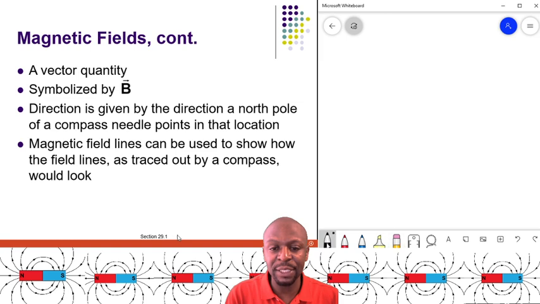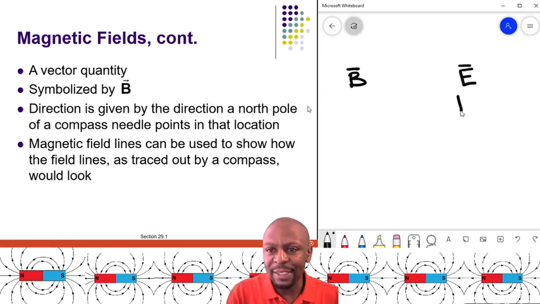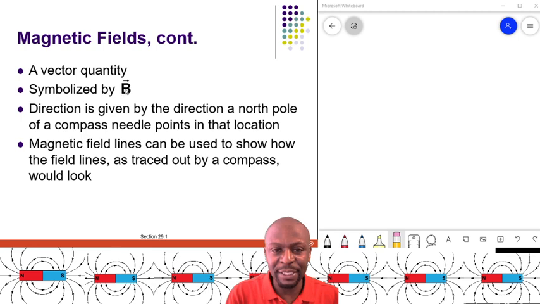Therefore, the electric force was denoted by F subscript E, and the magnetic force will also be denoted by F subscript B. This is the magnetic force, this is the electric force. Right. Now, the symbol that we are using for the magnetic field is just B.